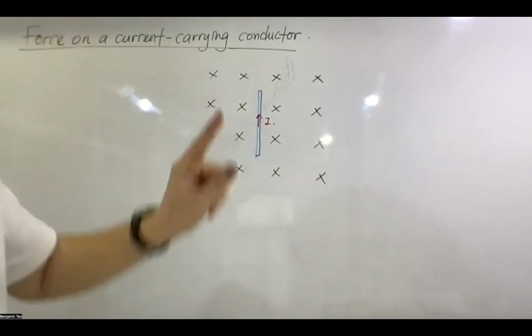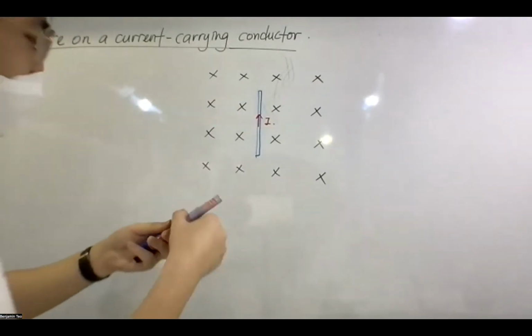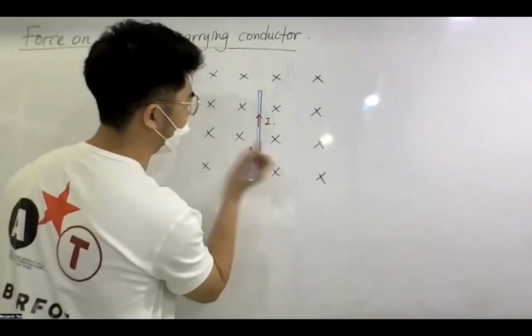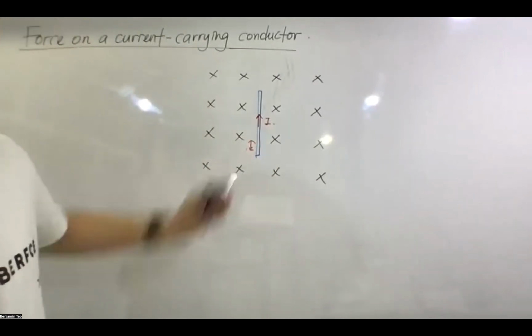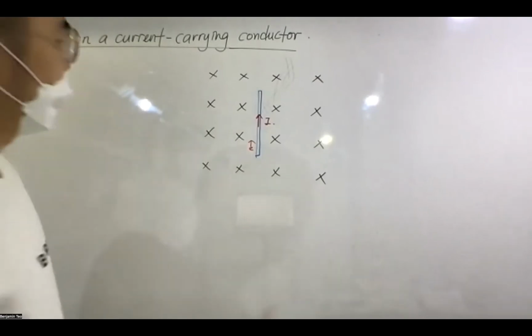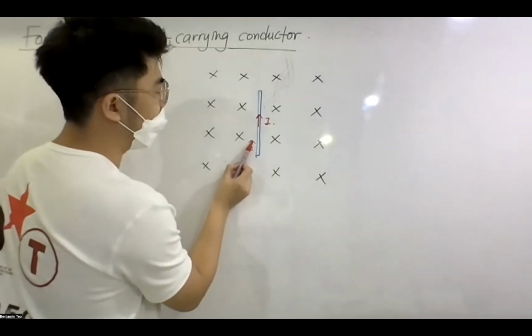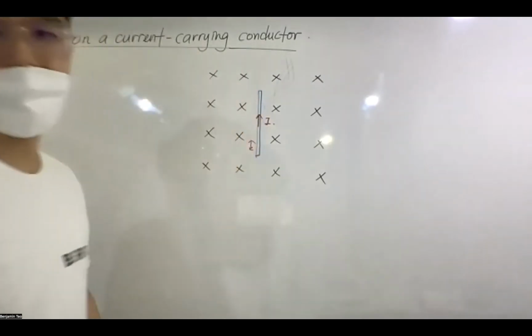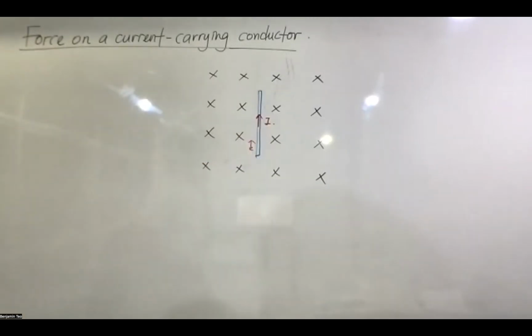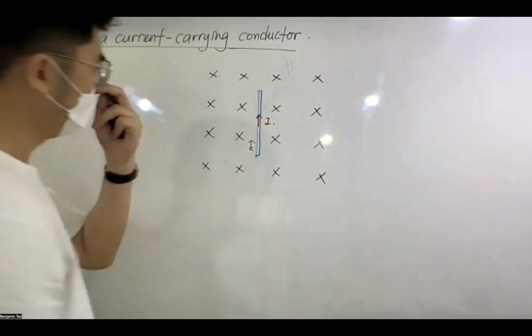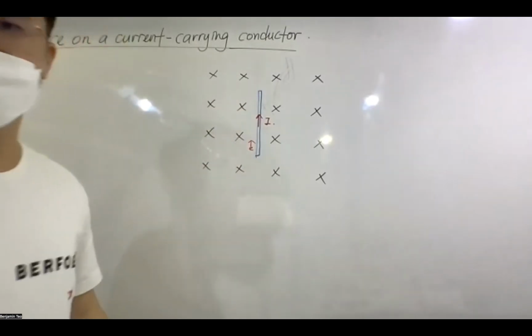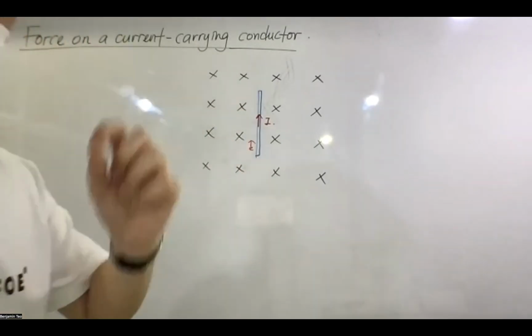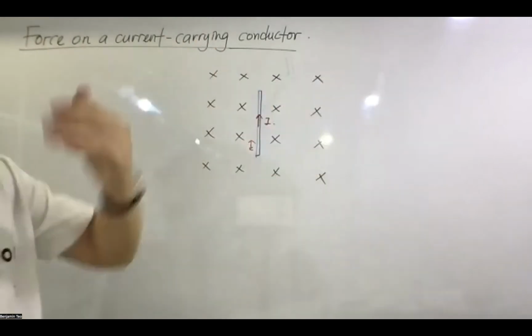If I focus on just one electron here, this electron is moving, so it will experience the force. The force is applied on every single electron in the wire. If you have 10 million electrons, then all 10 million experience the force. That becomes a net force.